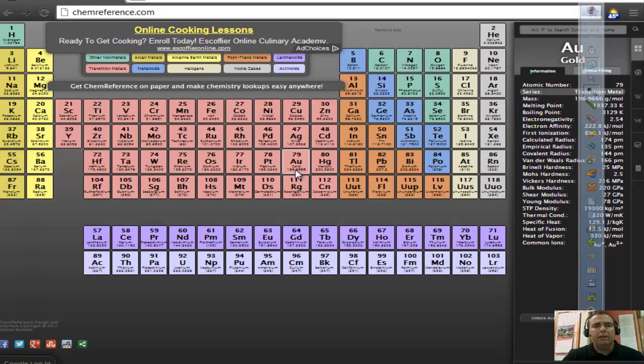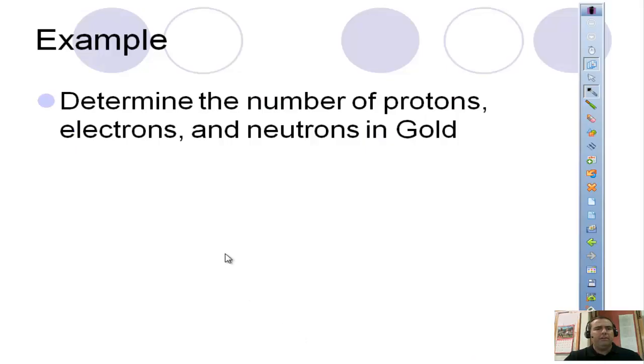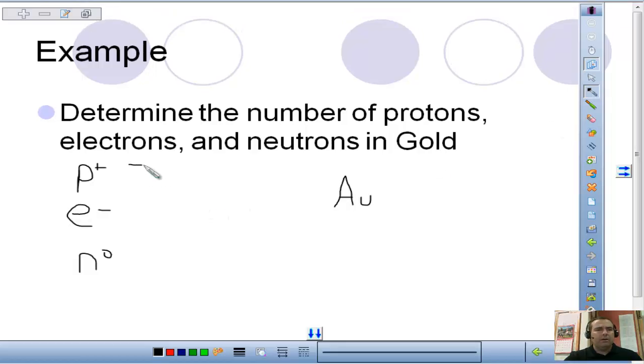All we do is come to our periodic table, and it says gold is number 79. Because it's number 79, I can say protons, 79. Electrons, 79. Now, for neutrons, we said we have to take our mass number and subtract away our atomic number.